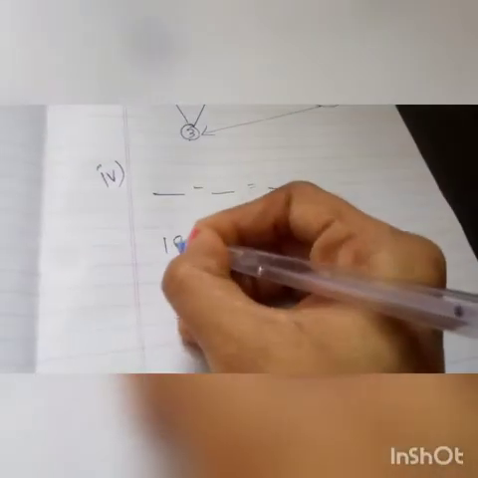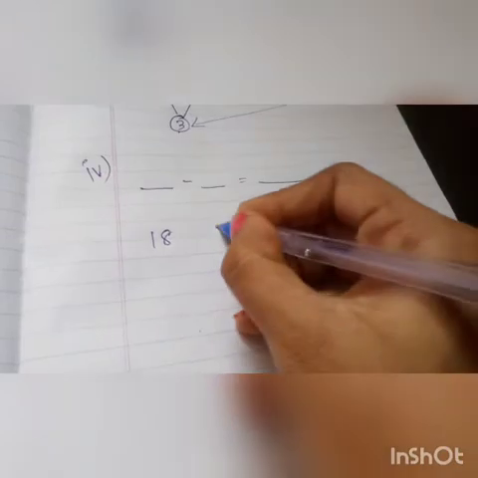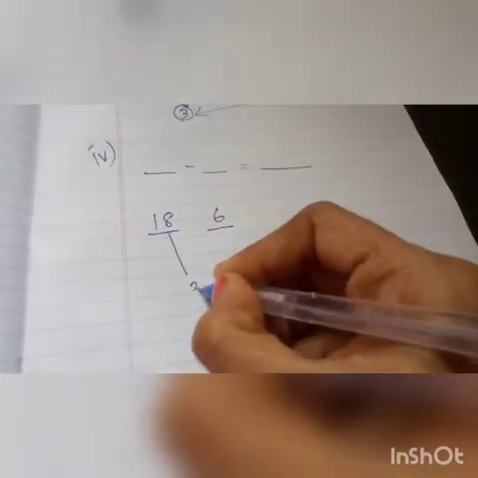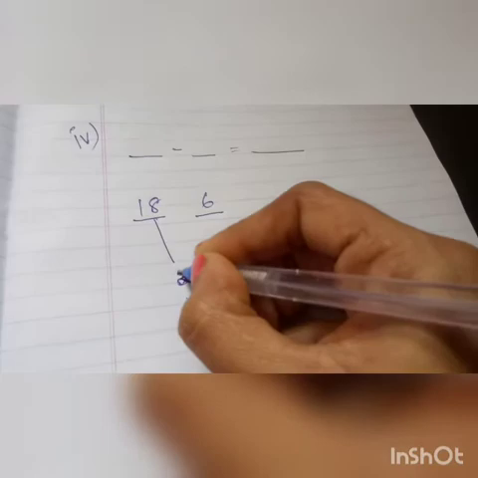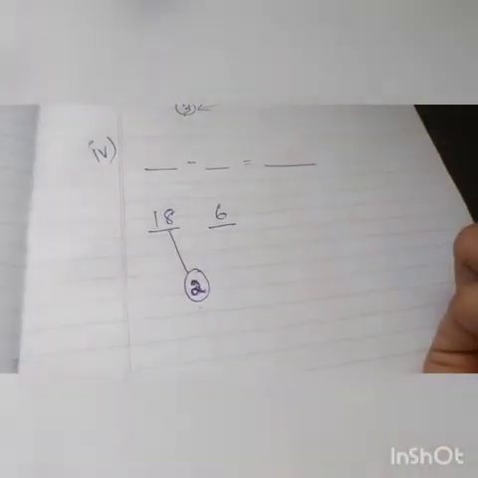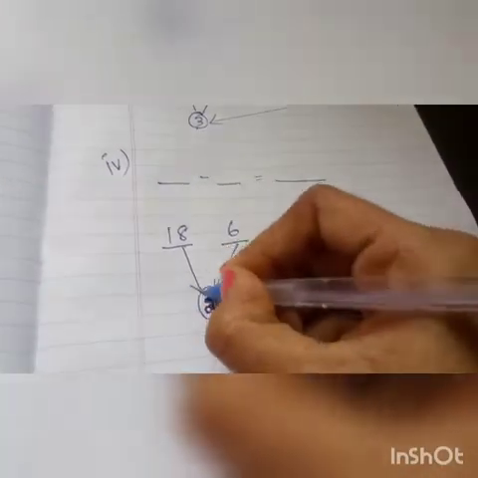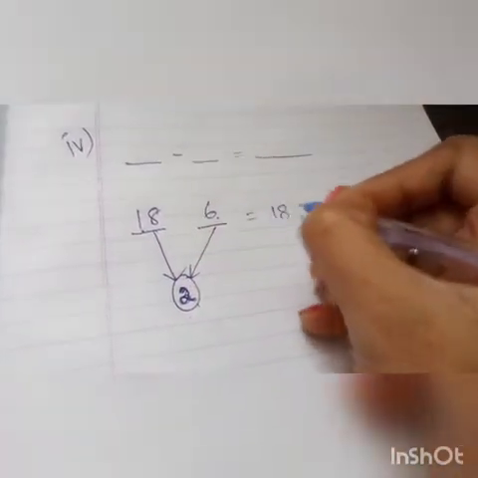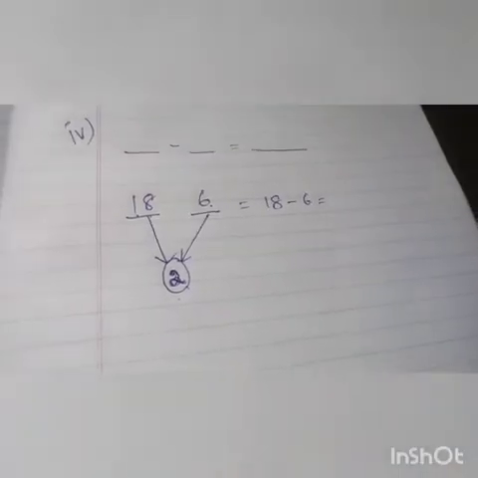I am taking 18 and 6. These two numbers are there. 18 is divisible by 2, right? 6 is also divisible by 2. So these two numbers are divisible by 2. Now I am going to subtract 18 minus 6.